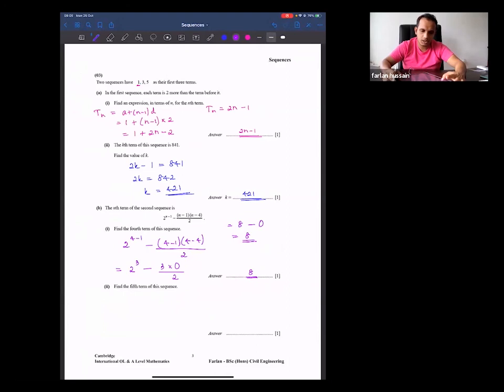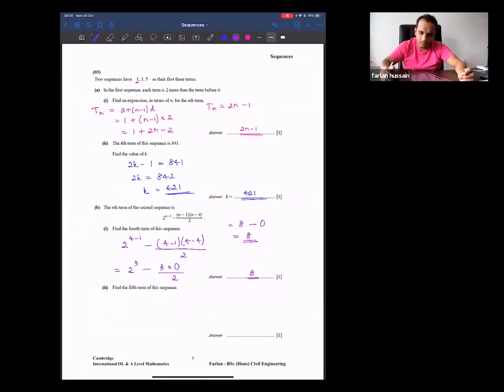That's the fourth term. And find the fifth term of this sequence. So all you need to do now is replace this n with 5. So it's going to be 2 to the power 5 minus 1, minus 5 minus 1 into 5 minus 4, divided by 2. So 2 to the power 5 minus 1 is 4, minus 5 minus 1 is 4 into 5 minus 4 is 1, divided by 2.